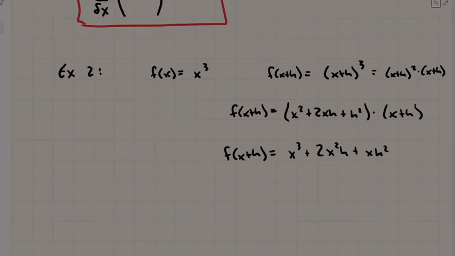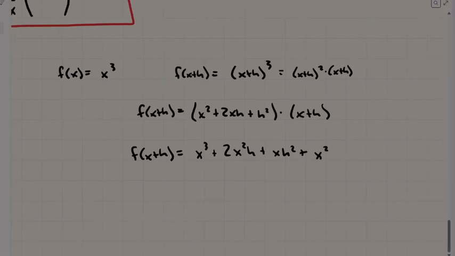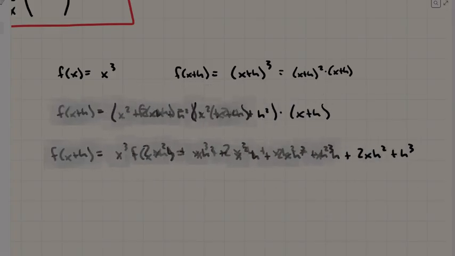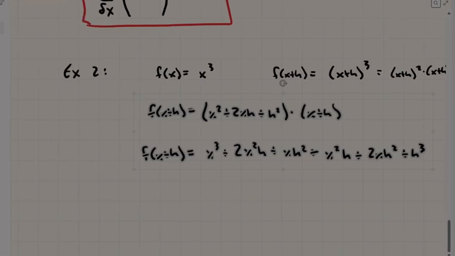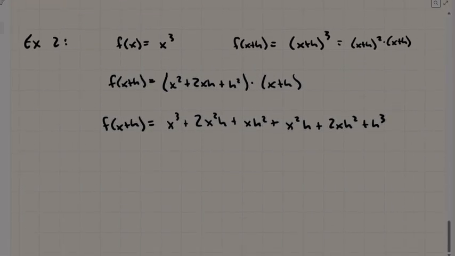That's just the x multiplied by each thing, and then the h multiplied by each thing. Plus x squared h, plus 2x h squared, plus h cubed. Okay, well, there you go. We got our f of x.